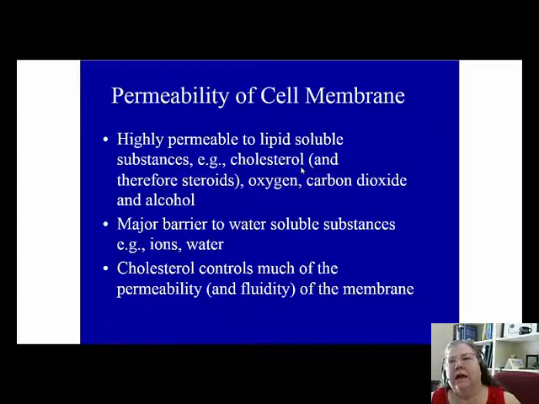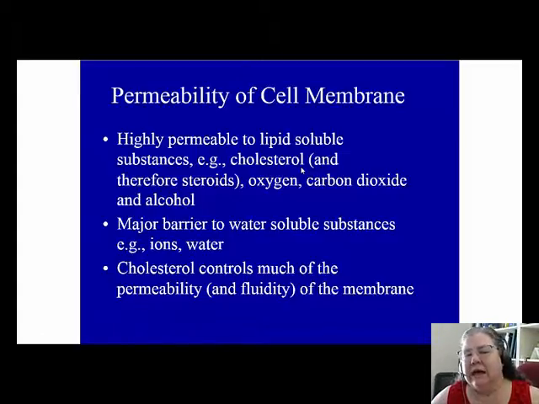And in addition, oxygen and carbon dioxide can permeate through cell membranes. So can alcohol and other oil-soluble solvents.